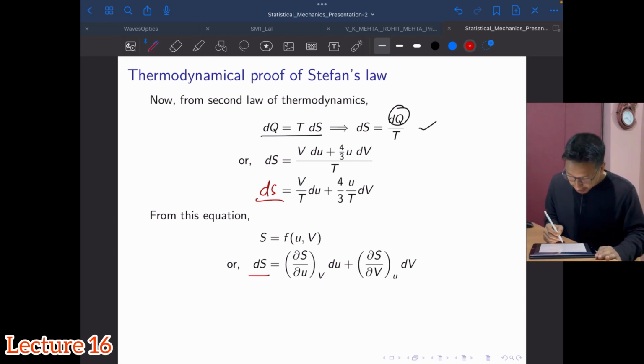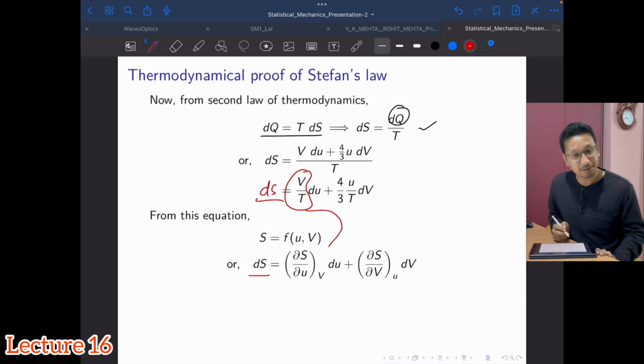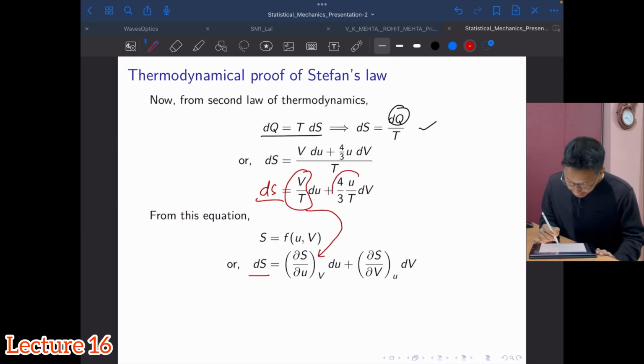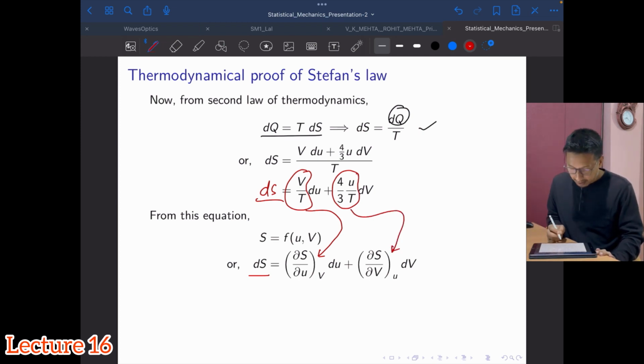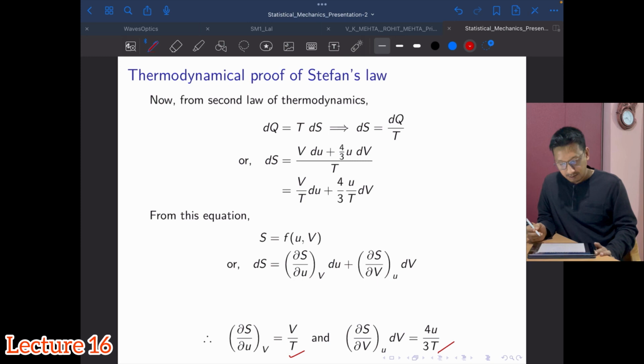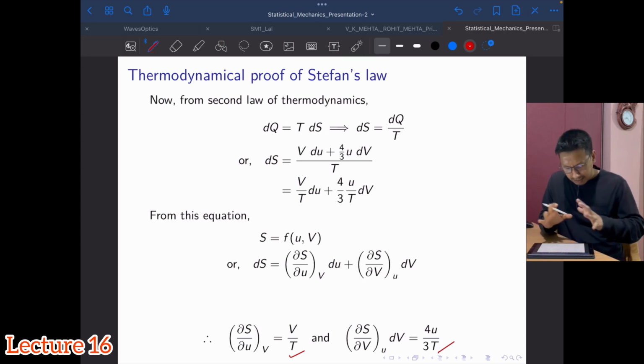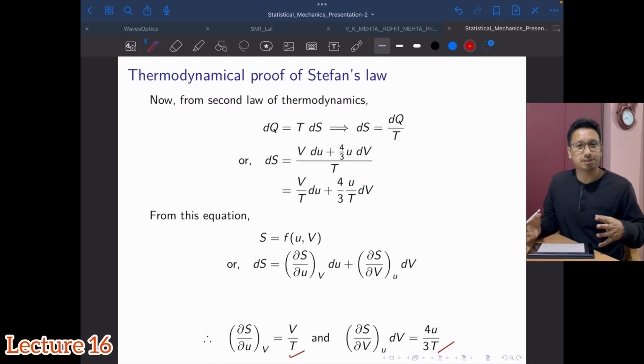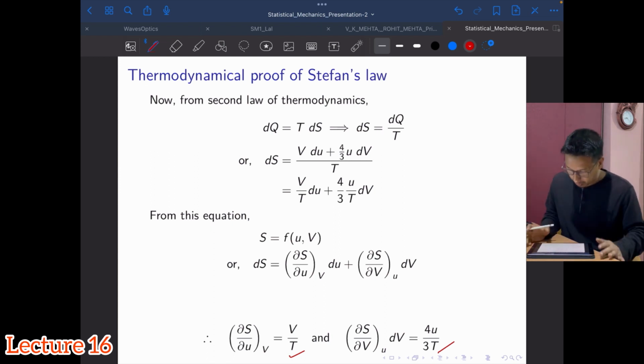If you compare them, this v by T must be equal to del s by del u, and similarly 4/3 u by T must be equal to del s by del v. I have just compared both terms and put whichever is equal here.